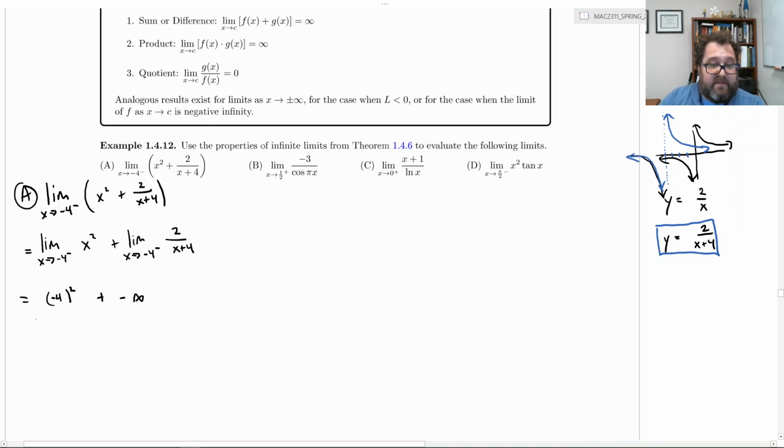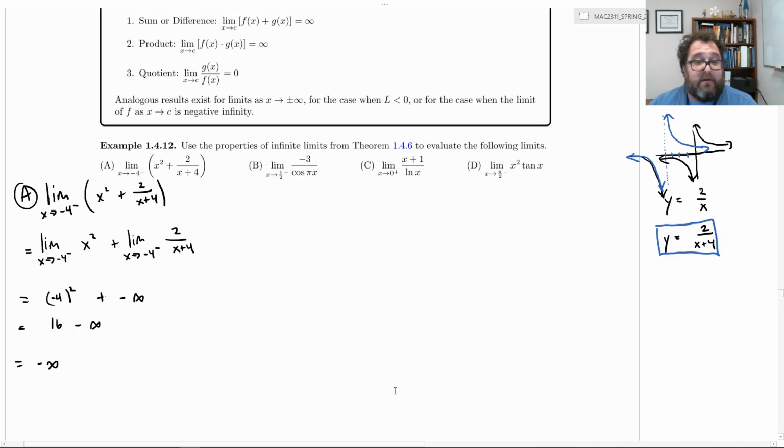But now we have this situation. We have -4 squared, that's positive 16, plus a negative infinity. So we have 16 minus infinity, which equals -infinity.